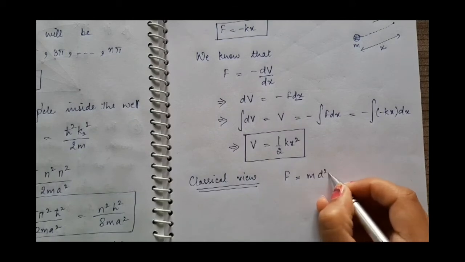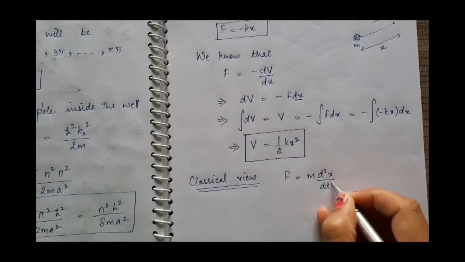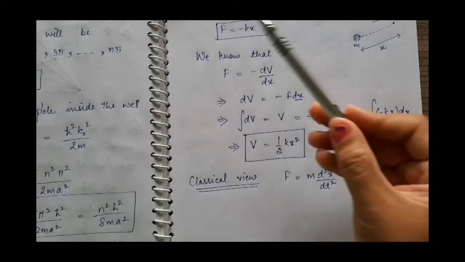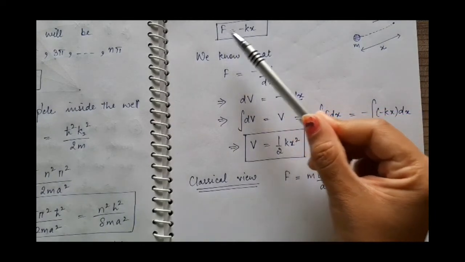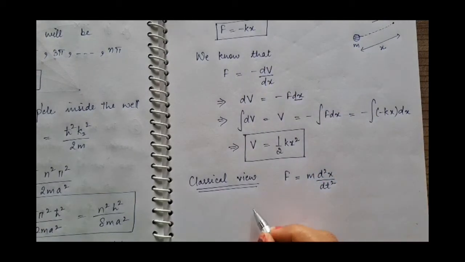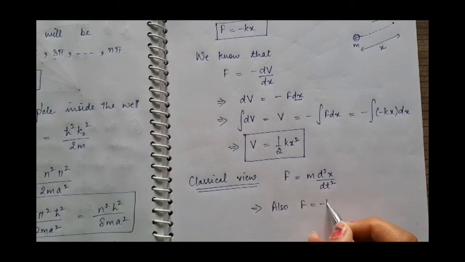So it will be m d square x by dt square. But according to Hooke's law, the restoring force is equal to minus kx. This implies minus kx is equal to m d square x by dt square.